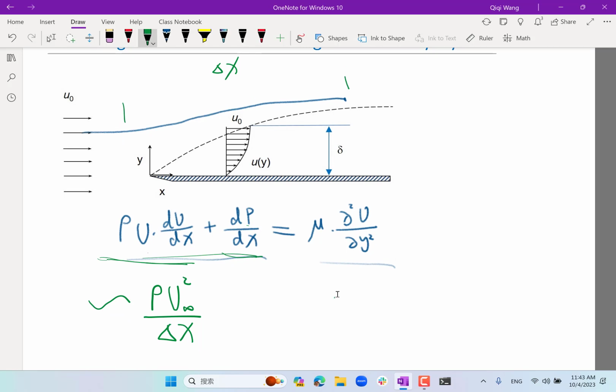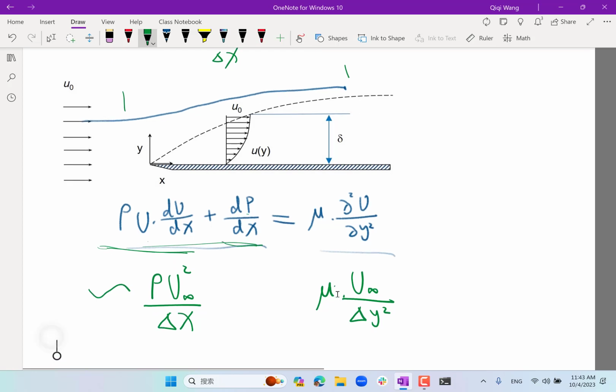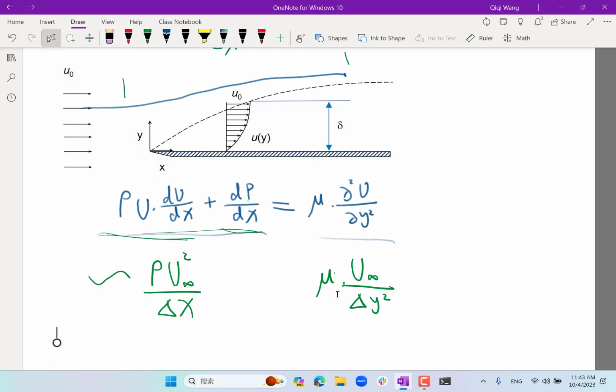And on the right-hand side, I have viscosity times u infinity, not squared, divided by delta y squared, right? So basically I have two terms on the left-hand side that are both of order of magnitude rho u infinity squared divided by delta x, and that is to be compared with the right-hand side. Is the right-hand side small relative to these two terms?